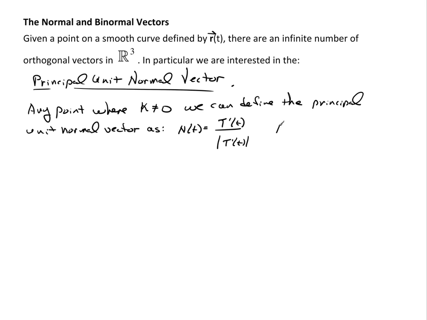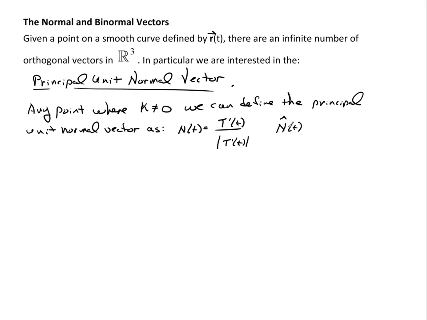Notation-wise, sometimes you may see this with a hat over it. It's not at all uncommon to represent any unit vector with a hat over it. Different textbooks, different mathematicians use slightly different notation, but this is a somewhat common notation to represent a unit vector, this little hat thing here.